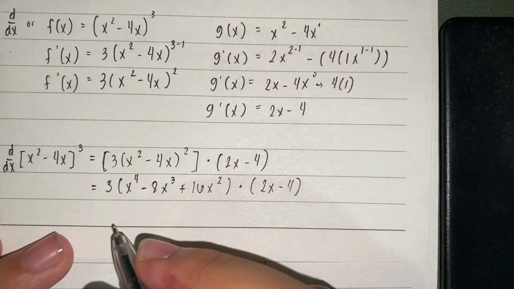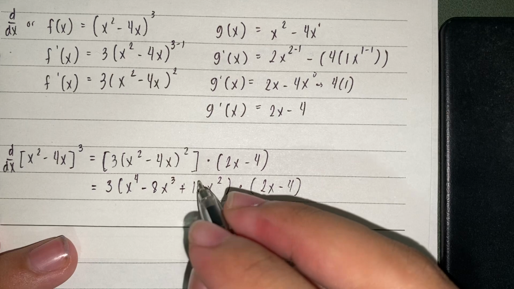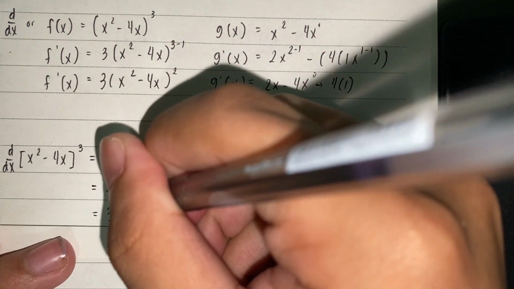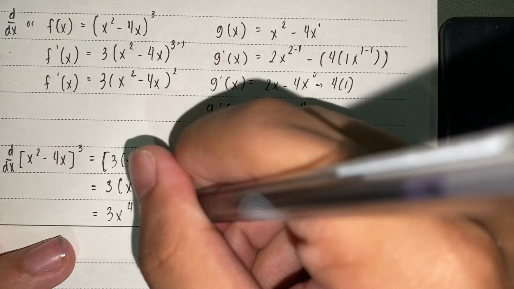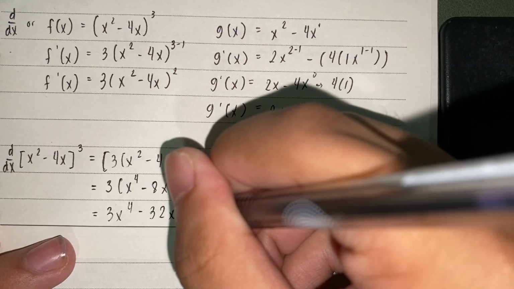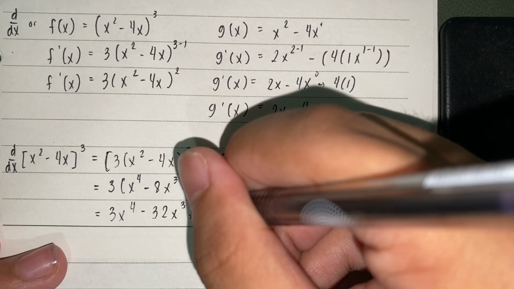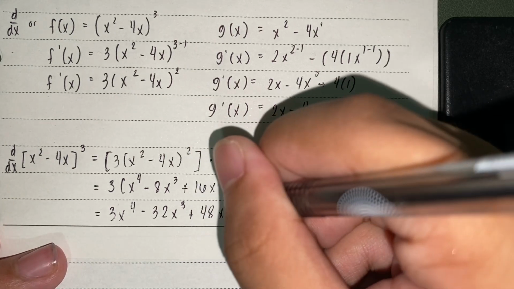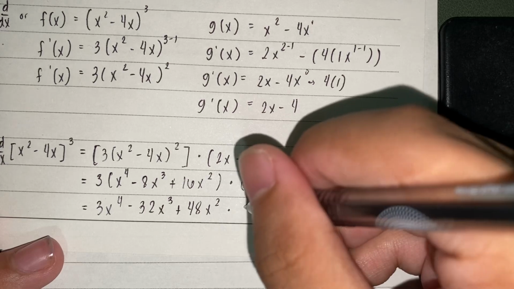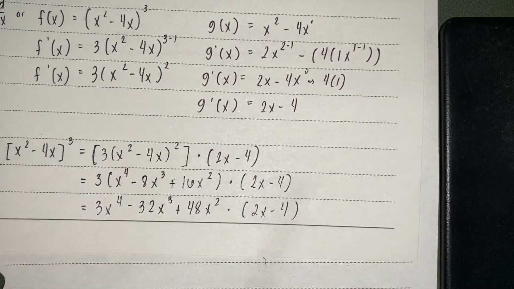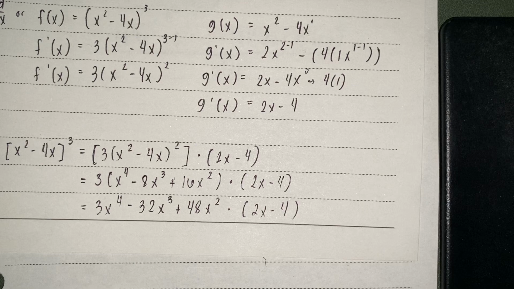So again, distribute this. That is going to be 3x raised to 4 minus 32x raised to 3 plus 48x raised to 2, multiplied to 2x minus 4. So let's use another paper for the continuation.